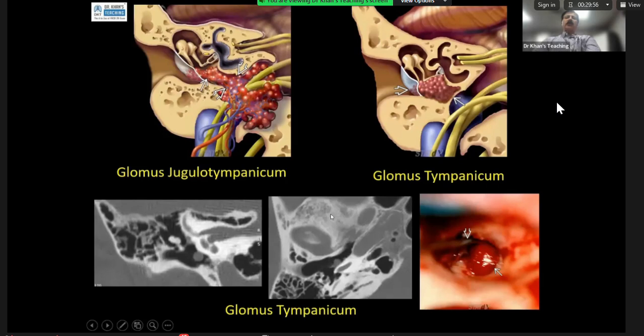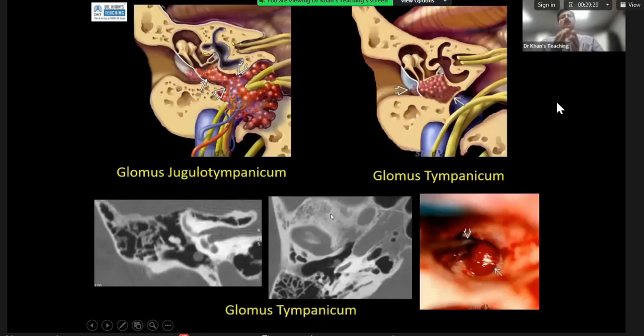When it is at the bifurcation of the common carotid artery into internal and external carotid artery, we call it a carotid body tumor. When it is at the jugular foramen, we call it a glomus jugulare. When it is in between the bifurcation and the jugular foramen, we call it glomus vagale.